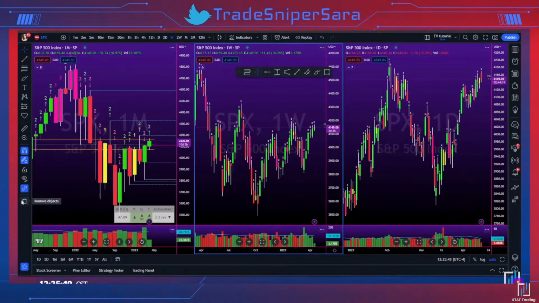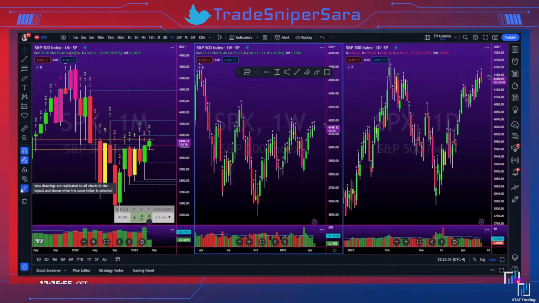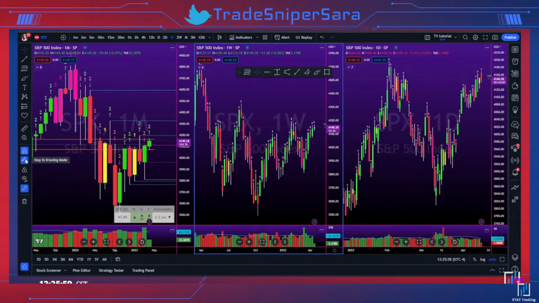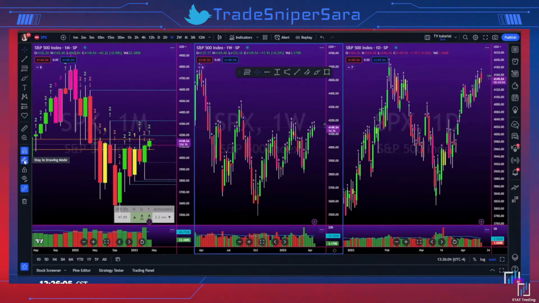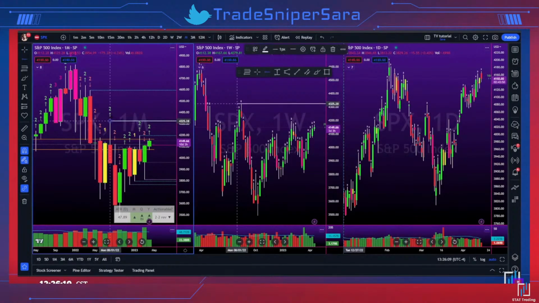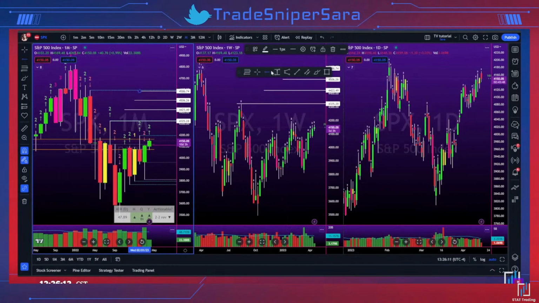Then I always have these 3 things highlighted or on. So new drawings are replicated to all charts, and the layout, basically it syncs my drawing tools. This keeps me in drawing mode. So what this does is it allows you to use a same drawing tool over and over without having to come back and re-click the line.